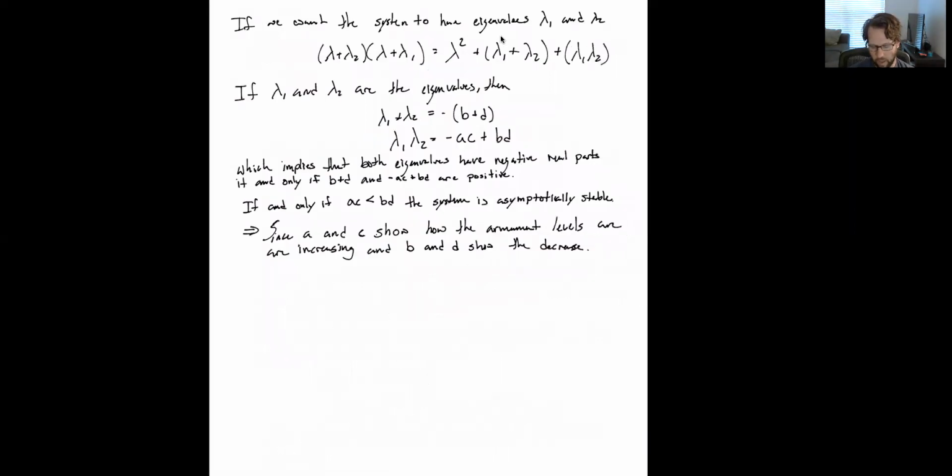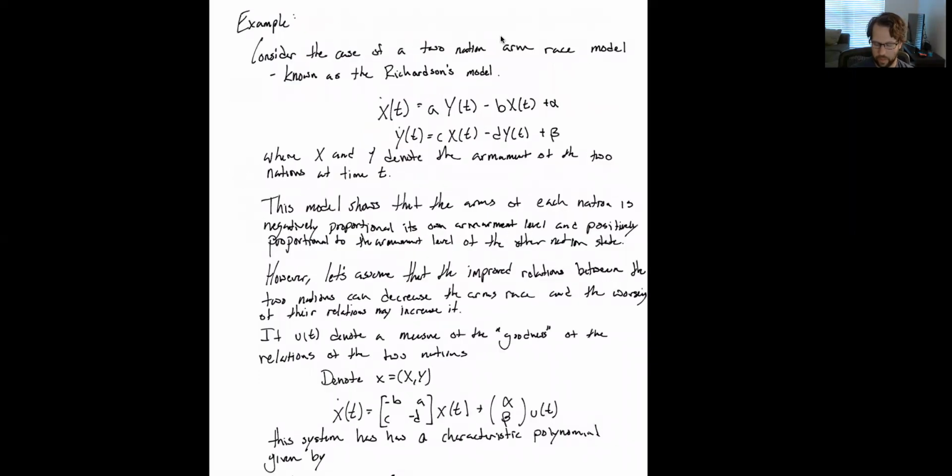I believe that if AC and BD are equal, then this would be a stable harmonic oscillator, so there would be no decrease nor increase in their armaments. It would just be the same cyclic armament levels. And then if AC is larger than BD, then you have an explosion of states, and it grows unbounded.